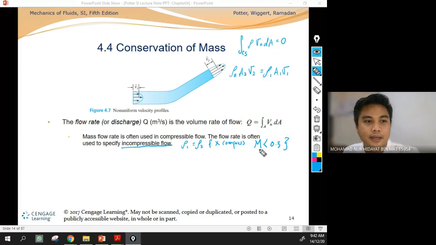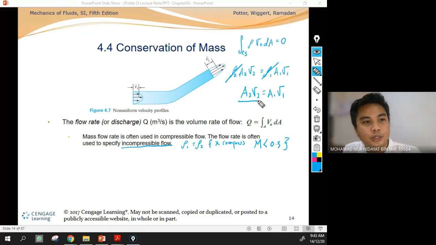We call it incompressible. So density 2 equals density 1, we can cancel. That's why we get the equation A2 V2 equal to A1 V1.